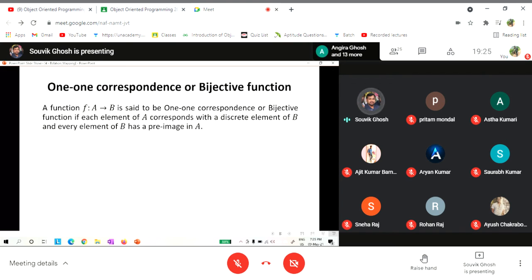And if each element of A corresponds with a distinct element of B, then it should be injective first, the injective mapping, and every element of B has a pre-image in A. So that means it should be a surjective function. So if a function is injective as well as surjective, then it is called a bijective mapping.